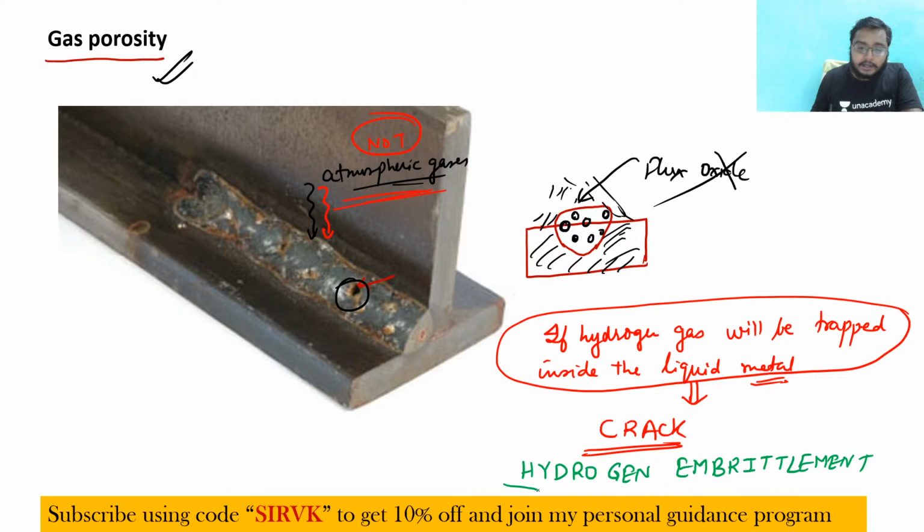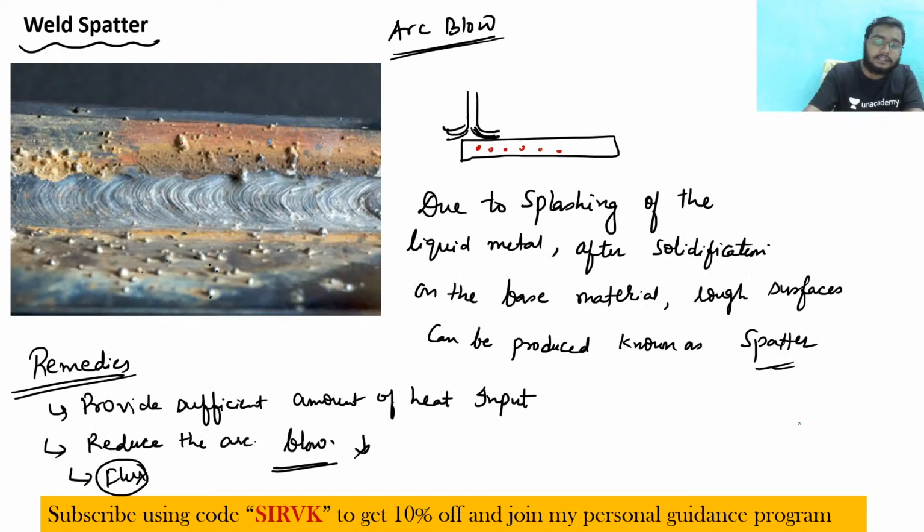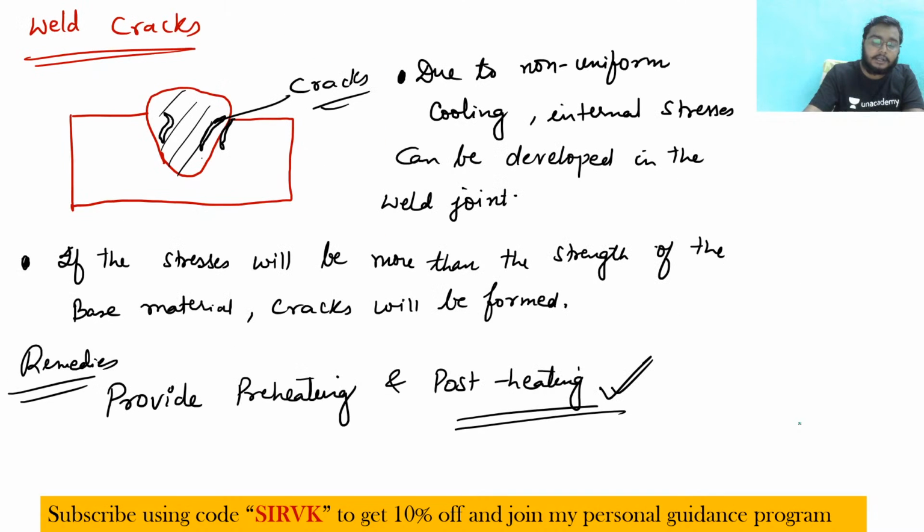So there is a defect that is known as hydrogen embrittlement. So always remember these things. These things are very much important.